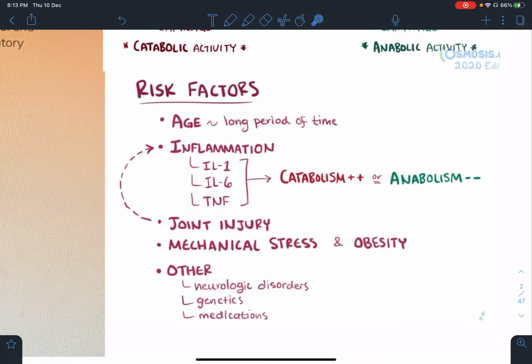For example, a joint injury will result in an inflammation, and that will result in the release of the typical inflammatory cytokines زي ال IL-1, IL-6 and tumor necrosis factor. طبعا الانفلاميشن حيزيد من الكاتابوليك activity، حيوقف الانابوليك activity حقت الchondrocytes.